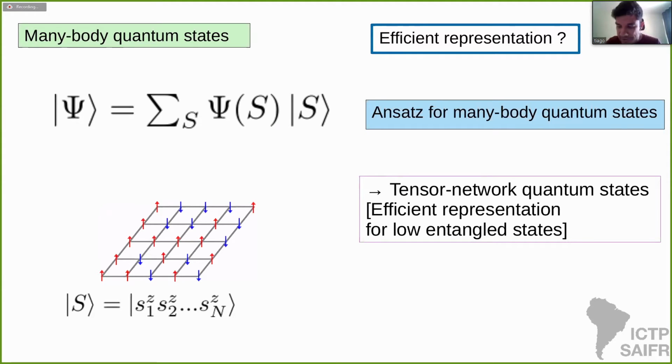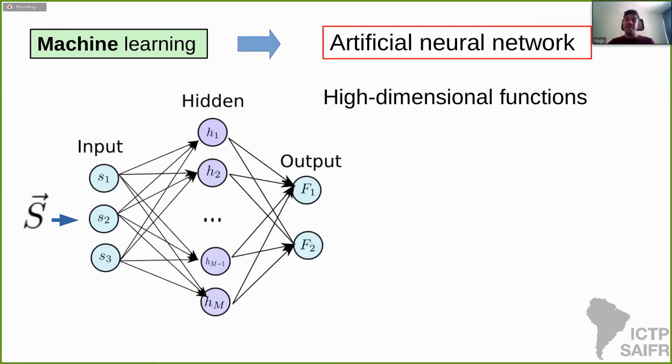And the idea of using neural networks is exactly to use a neural network as an efficient representation. This is, let's say, the hope. A neural network is like a model for high dimensional functions. I won't give you all the details of this, but that's the idea.